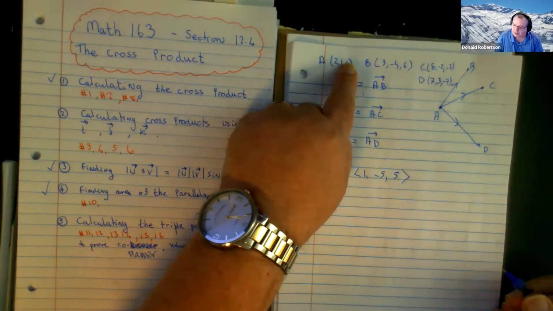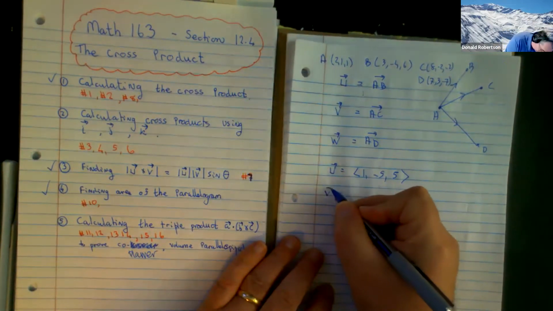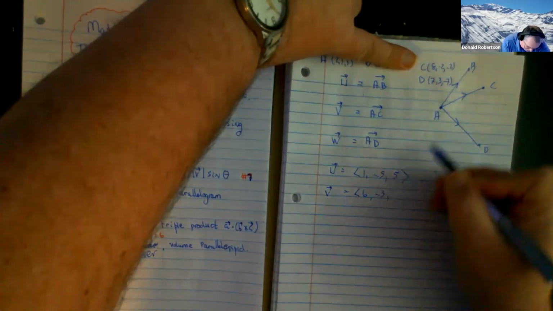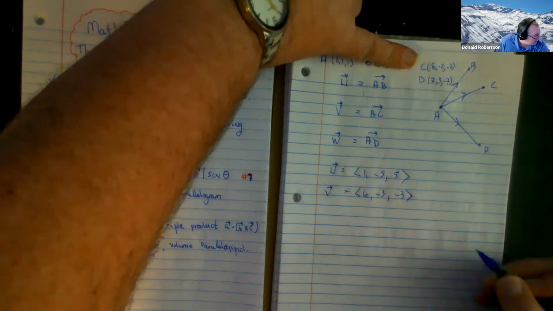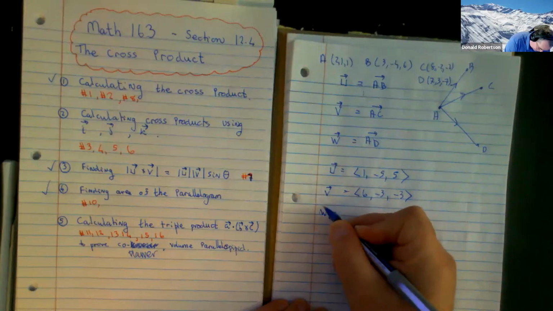Are we comfortable with that? Second take away first. I want v now. That's AC. 8 take away 2 is 6, -2 take away 1 is -3, -2 take away 1 is also -3. You comfortable with that one? W then.